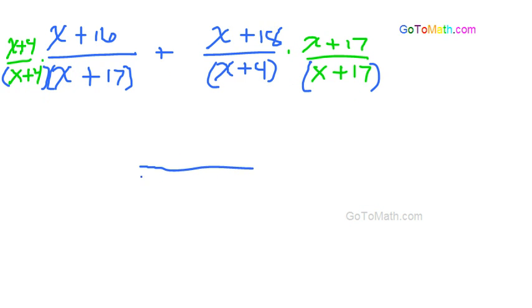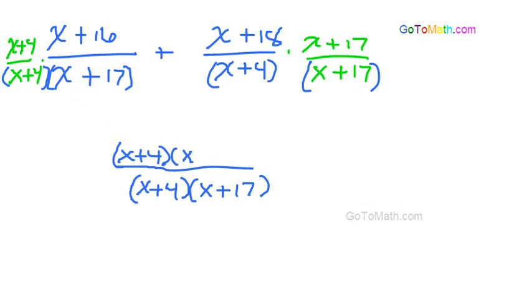All right, so let's combine this into one single fraction. So we have (x plus 4) times (x plus 17) on the bottom. And up at the top, we'll have (x plus 4) times (x plus 16), and then plus (x plus 18) times (x plus 17).